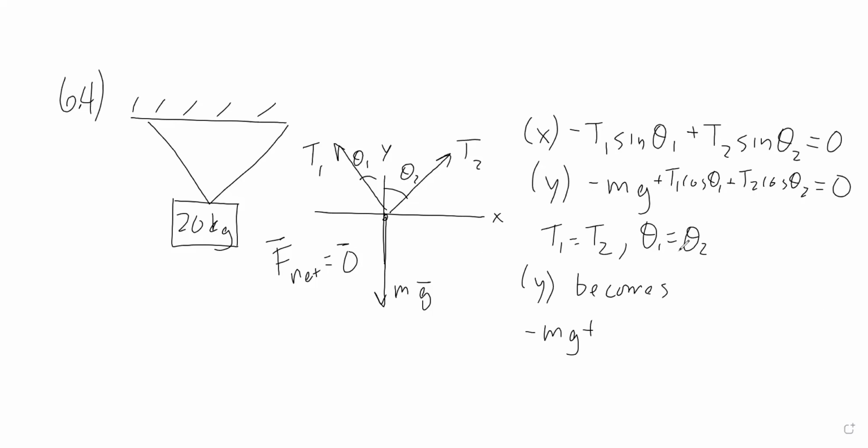I'll look at the other terms. It would just be T cosine theta plus T cosine theta. And so that would just make it 2T cosine of theta, equals 0.